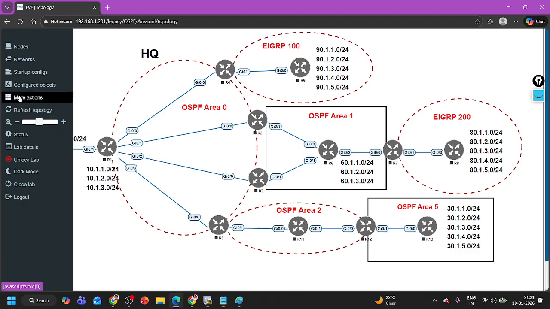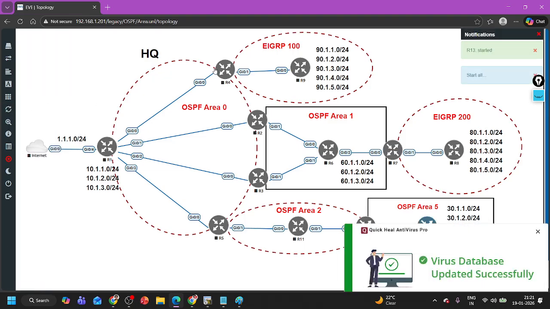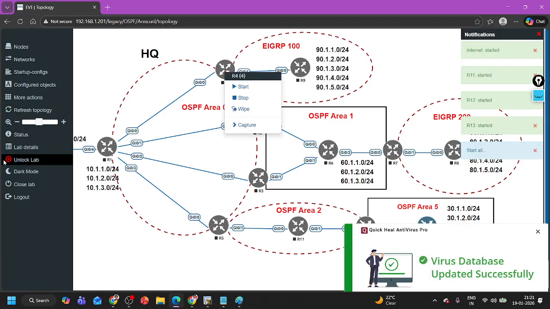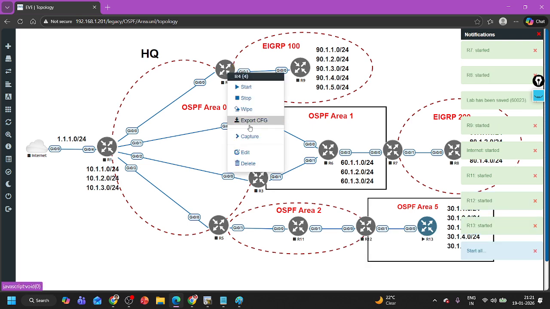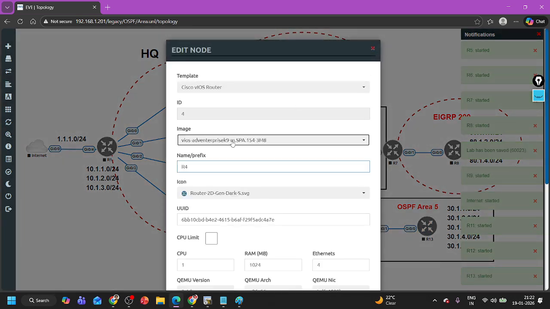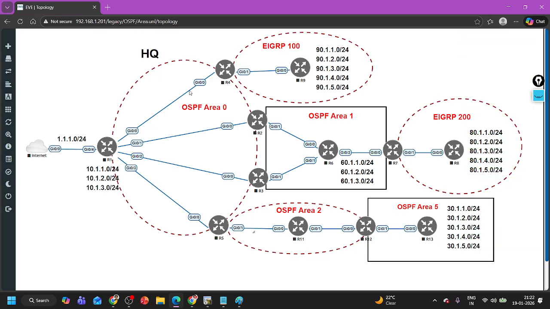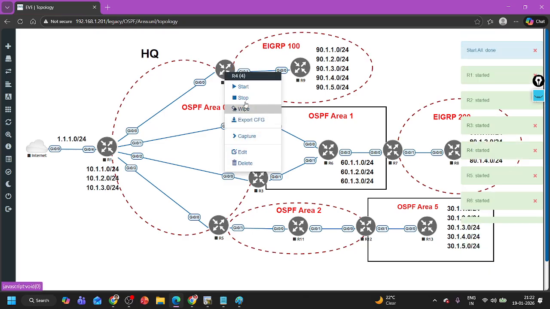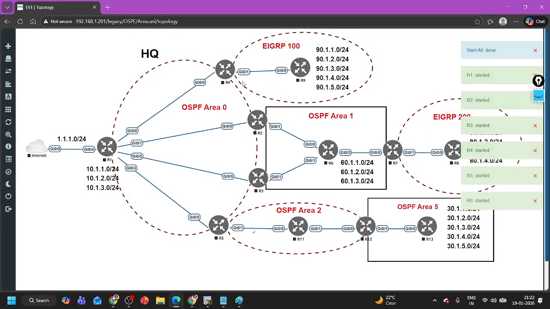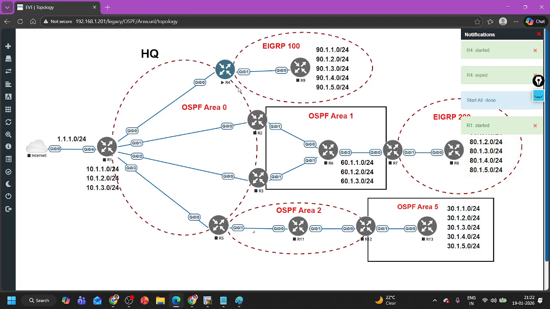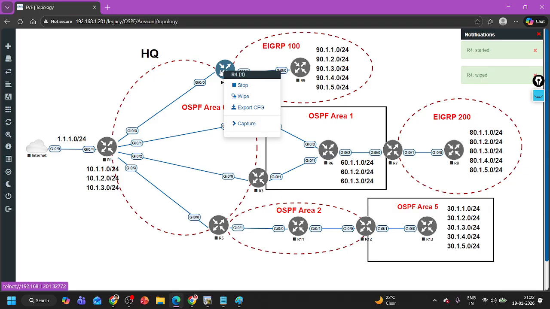Let me turn off. What happened here? I think devices are changed. Which router is it? Okay, the lab is old.